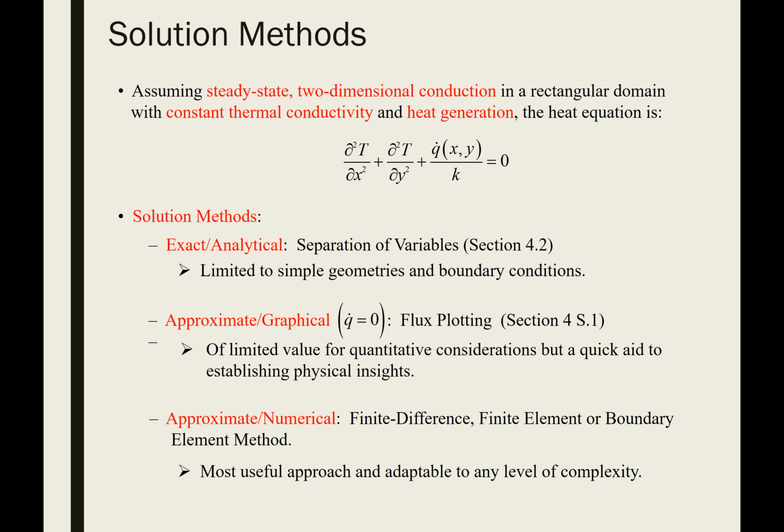Because this is two-dimensional, we're still neglecting one of the three dimensions, but in Cartesian coordinates, if we have generation, we might be dealing with this particular form of the heat equation, where we've neglected changes with temperature in the z direction, and we're still talking about steady state, so we've neglected our accumulation term, but we still have to deal with those other three remaining terms of the heat equation.